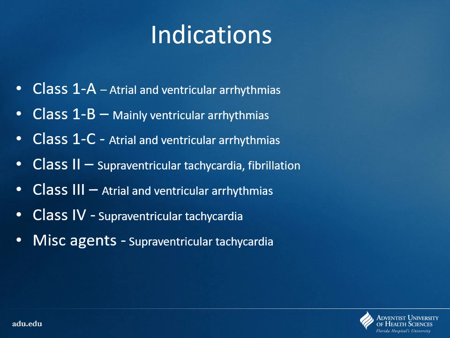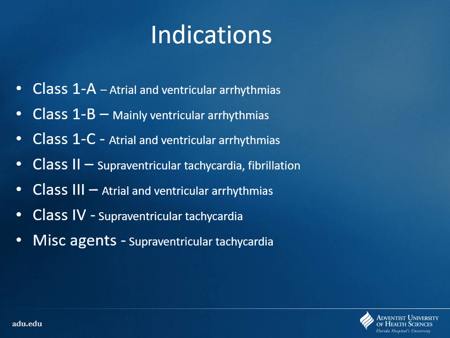So again, calcium channel blockers and beta blockers are good for supraventricular arrhythmias. They're not good for treating arrhythmias that originate within the ventricles. If a patient has a pretty nasty heart attack and now they're developing VFib or VTach, those aren't going to do anything for you because the arrhythmia is developing in the ventricles, not in the atria. However, our class 1 and class 3 are going to be very good for affecting both atrial and ventricular arrhythmias.